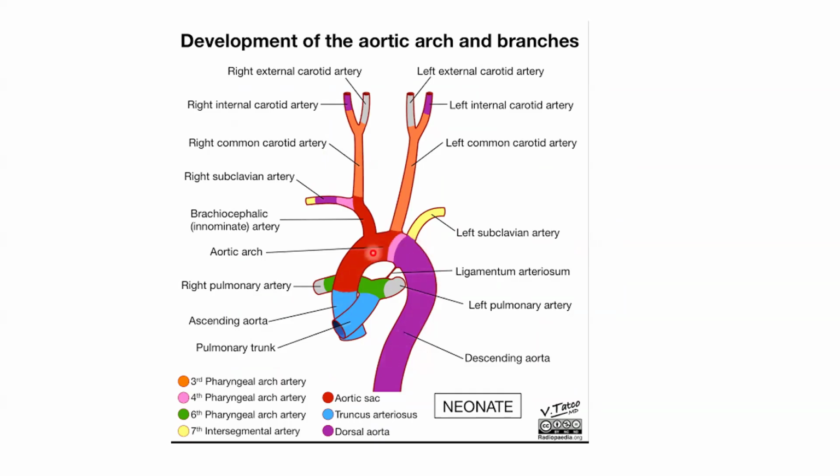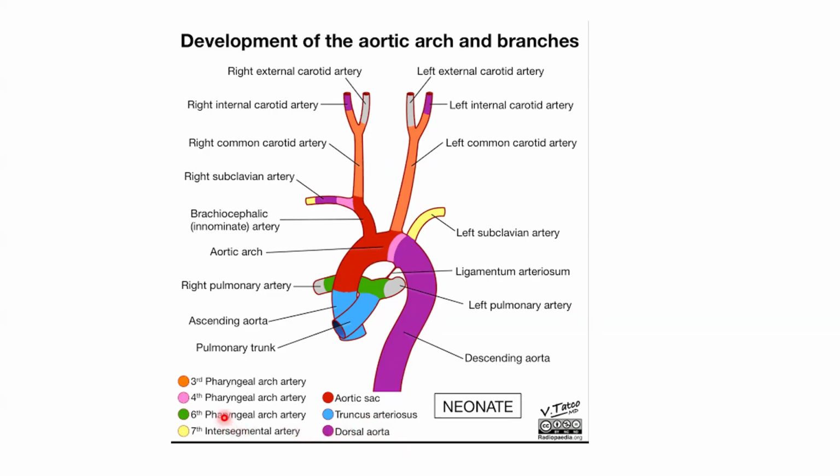So the take home from this particular section is that your truncus arteriosus forms the ascending aorta, your aortic sac forms the proximal aorta, your fourth pharyngeal arch forms the portion between the left common carotid and the left subclavian, and then the descending is formed from the dorsal aorta.